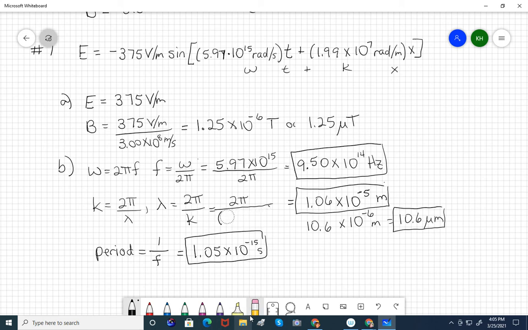For this problem, our k was 1.99 times 10 to the 7th. So let's try that again. If I do 2 pi divided by 1.99 times 10 to the 7th, I get a different value.